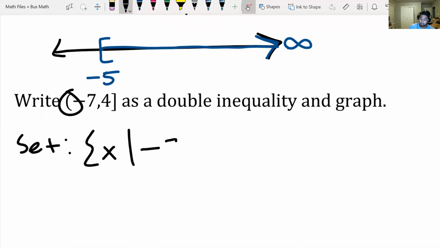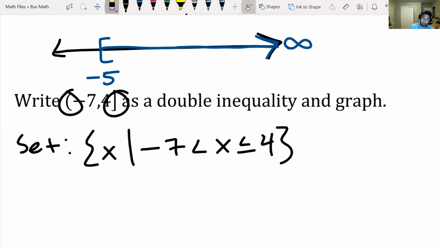So we're going to say -7 less than x. And then 4 has a bracket. So we're going to say x is less than or equal to 4. Close fancy brace. There you go.